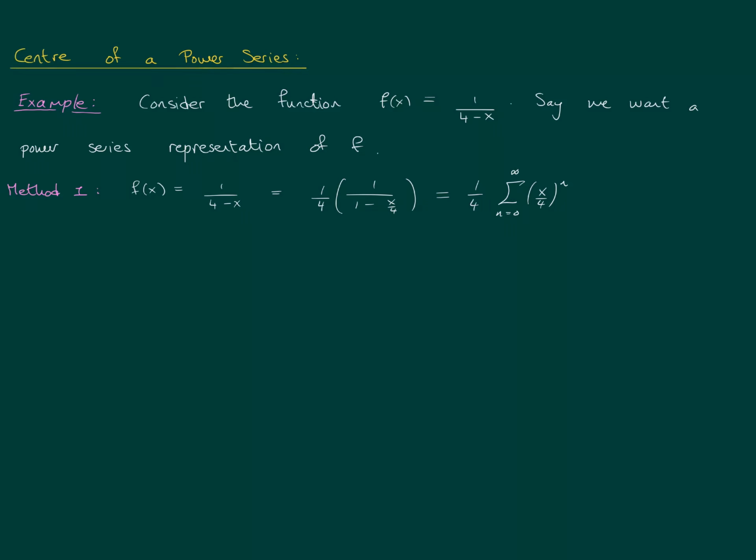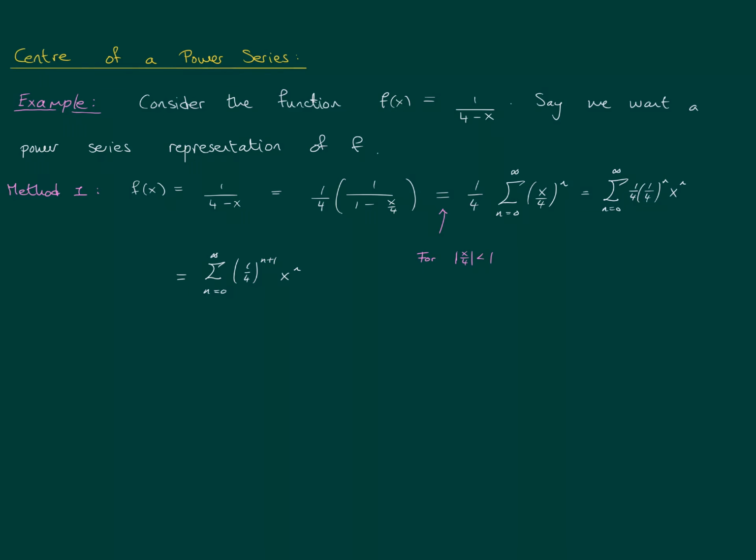And remember, this is only valid as long as x over 4 in absolute value is less than 1. So this, just bringing the quarter in, is the sum n equals 0 to infinity of 1 over 4 times 1 over 4 to the n times x to the n. And that's equal to, if we multiply the 1 over 4 times the 1 over 4 to the n, we get 1 over 4 to the n plus 1 times x to the n.